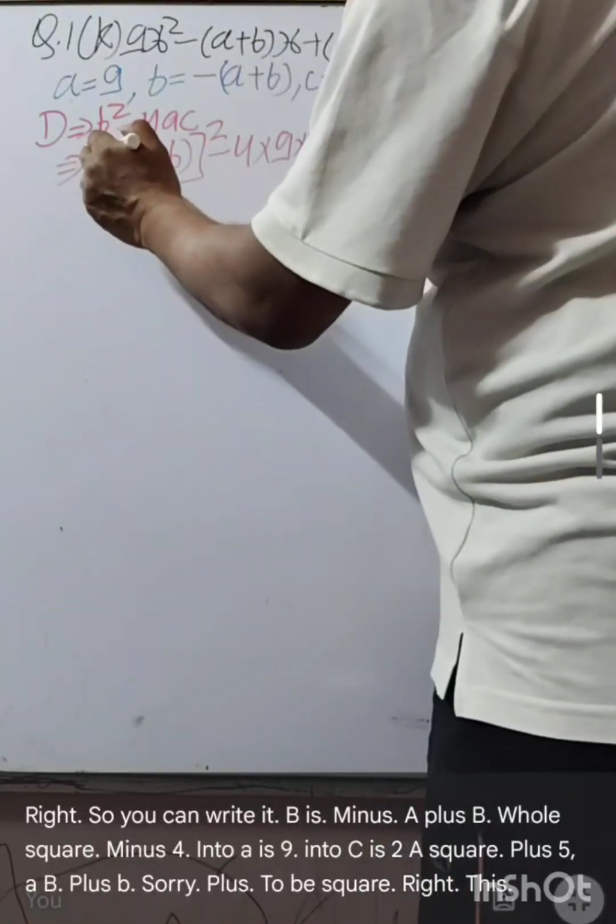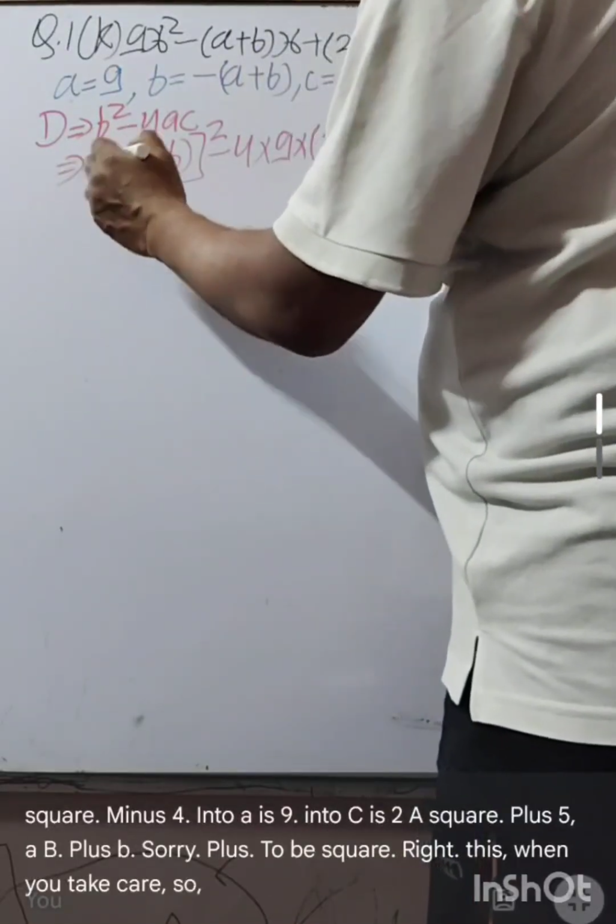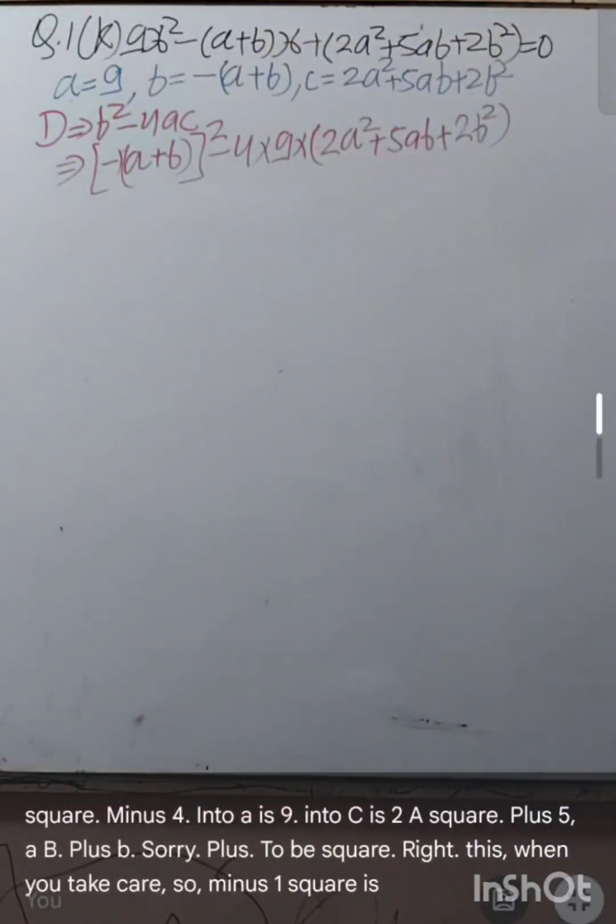This when you take here, so minus 1 square is 1.